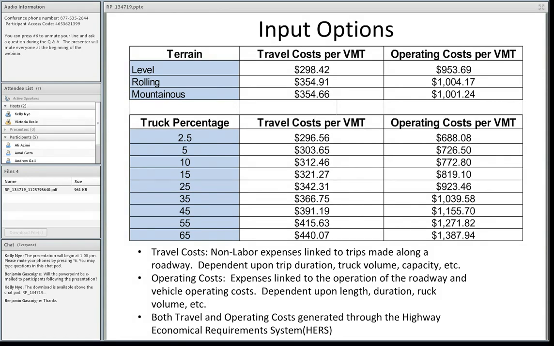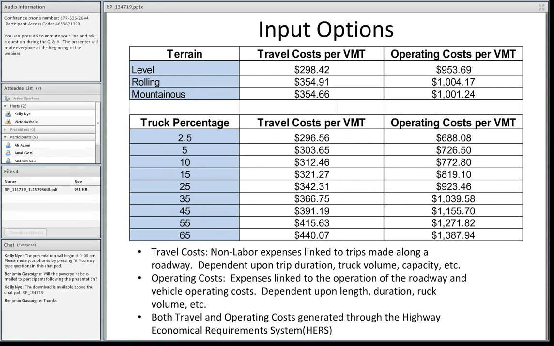The operating cost includes both the operation of the roadway, so the maintenance of the roadway, mainly the labor associated with those elements, but it also includes the vehicle operating costs for the individual users as well. And again, that's dependent upon length and duration. And both the travel and the operating costs were generated through the Highway Economic Requirements System, or HERS, for 2015.